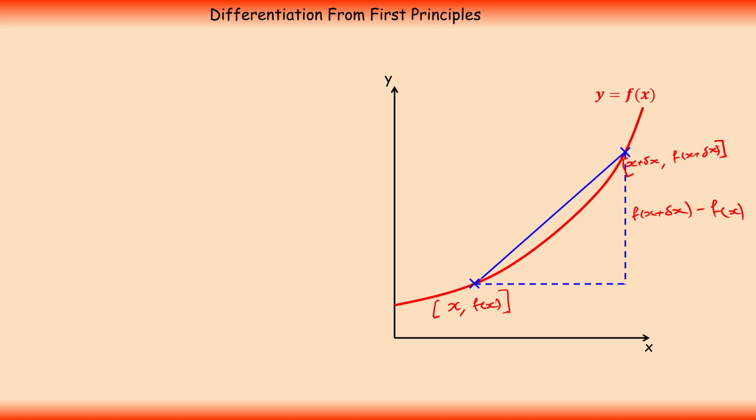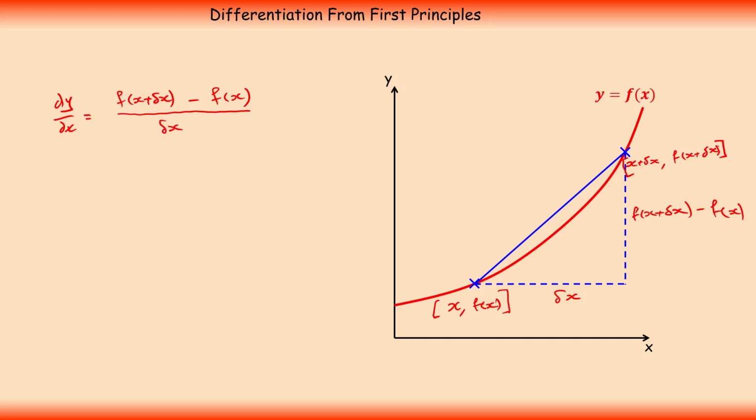And the change in x is going to be x plus delta x minus x, which leaves us with just delta x. So let's write our gradient here. Gradient is given by the change in y over the change in x, dy over dx. That's going to be equal to f of x plus delta x minus f of x, all divided by the change in x, which is delta x.